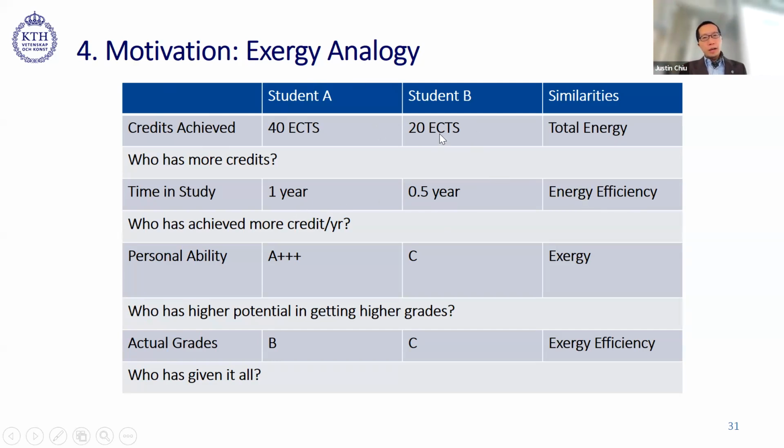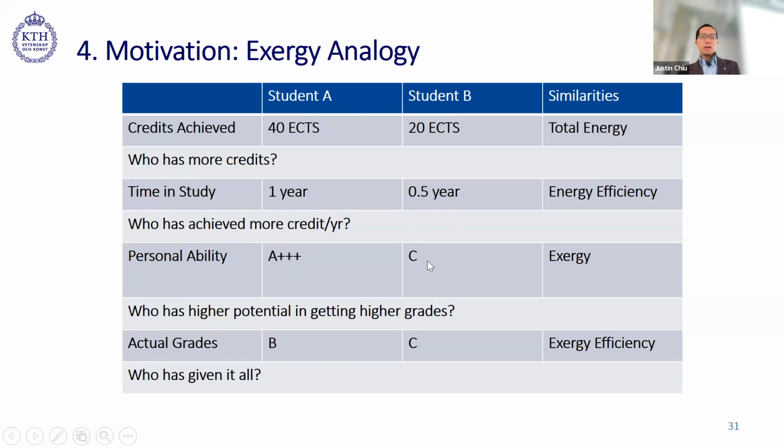So the total energy or the total credits are different, but the speed or the efficiency is the same. But then what is Exergy? It is more about the quality. So even though they all have, let's say, 20 credits for every half a year, student A gets A++. Sorry, student A is from, let's say, MIT or Harvard, Cambridge, so he or she should be extremely good.